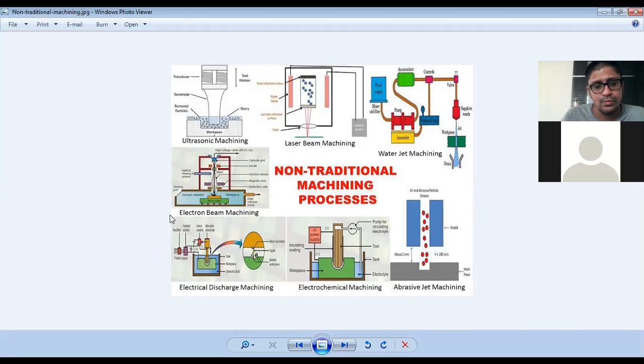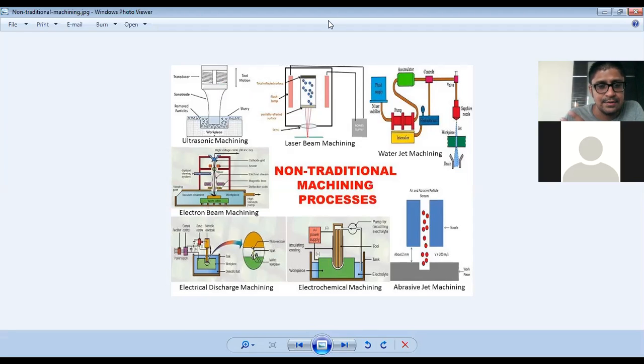Now, what we need to do, because we are doing MTech in manufacturing. So what is our role? So in all these different types of techniques under non-traditional machining, you need to keep in mind three aspects. So there are three aspects, right? The first aspect is to understand the basic working principle of each of these processes.